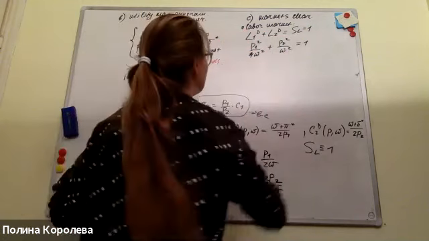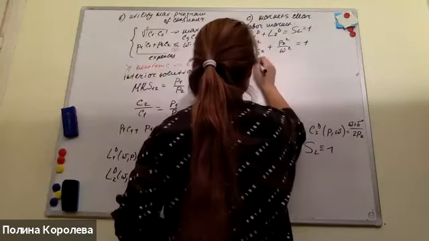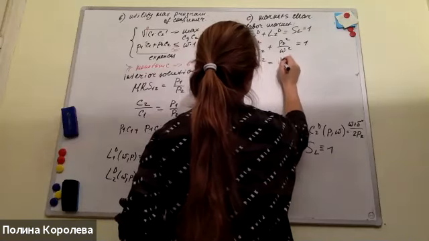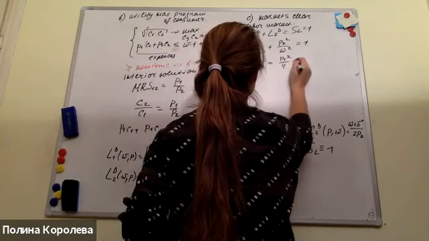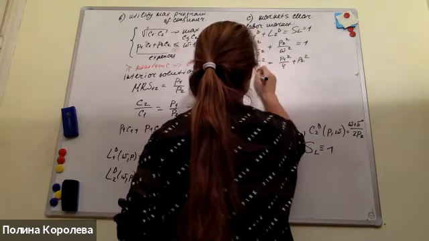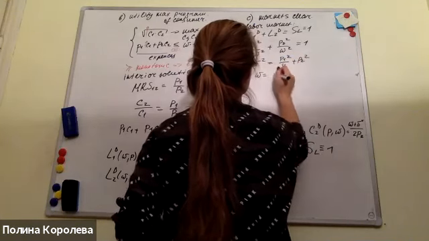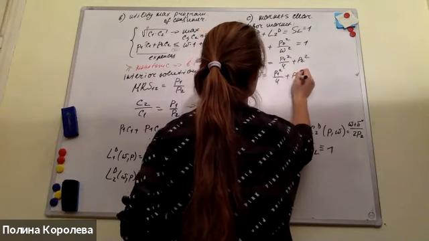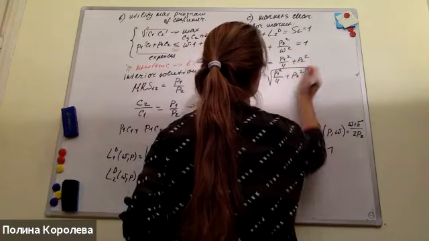Yes. So wage square will be P1 square over 4 plus P2 square. And wage will be the square root of this.